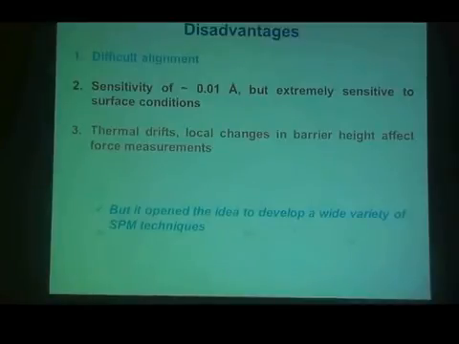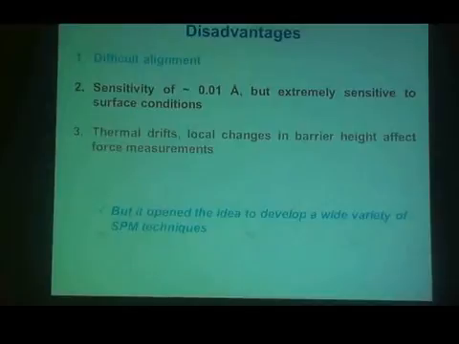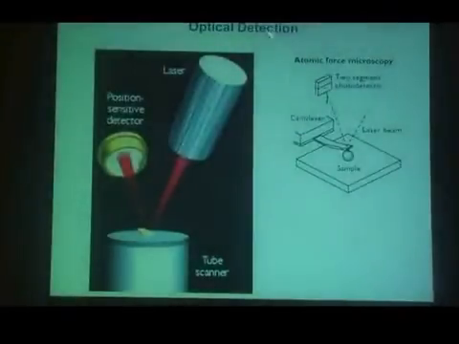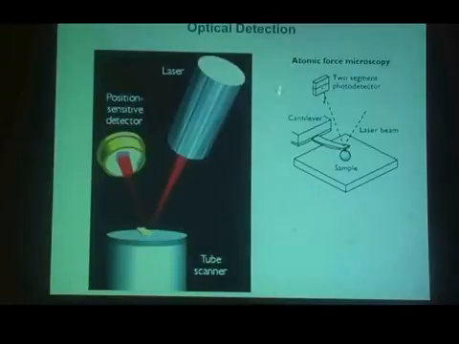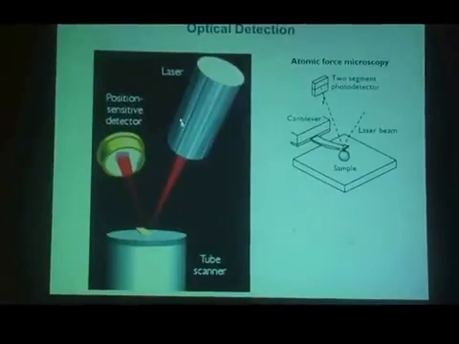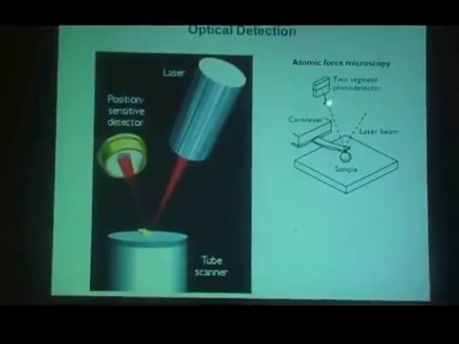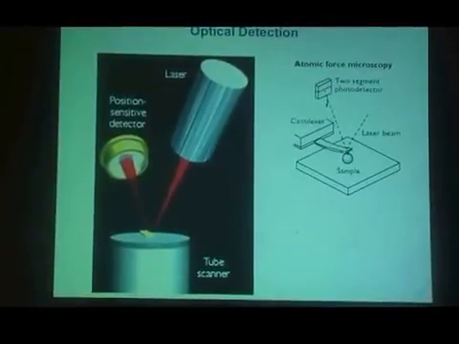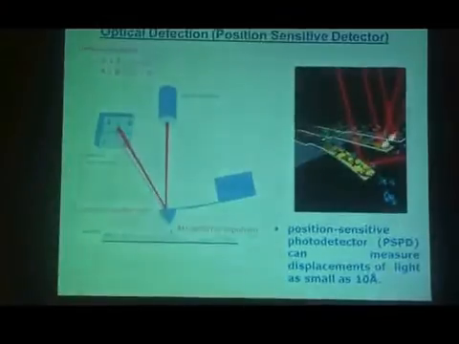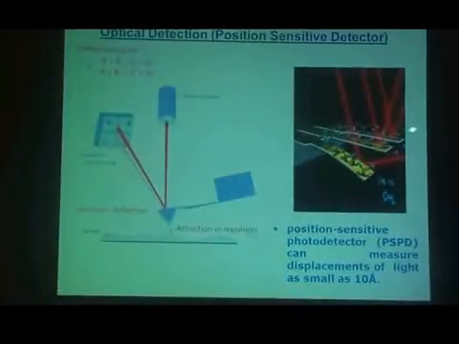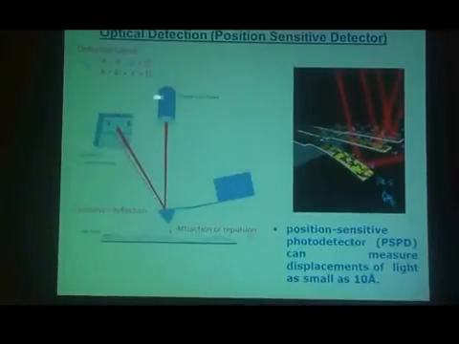So people developed what is called optical detection, where you use a laser system and a position sensitive photodiode detector. Depending upon the angle, the laser will be directed towards different points on the position sensitive detector.